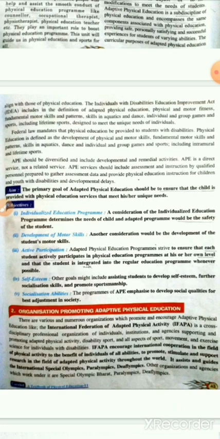Active participation. Adaptive physical education programs strive to ensure that each student actively participates in the physical education program at his or her own level, and that the student is integrated into the regular educational program whenever possible.